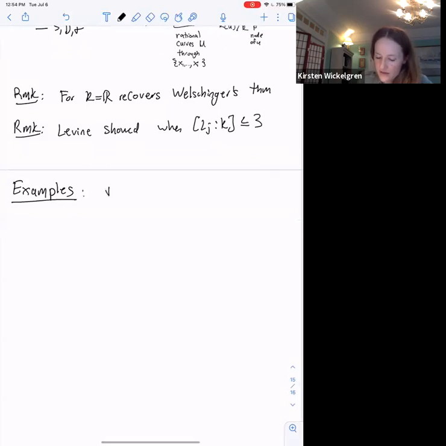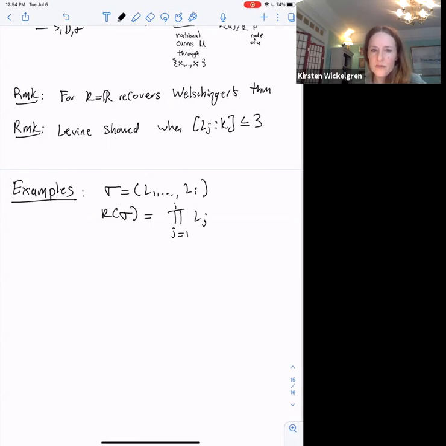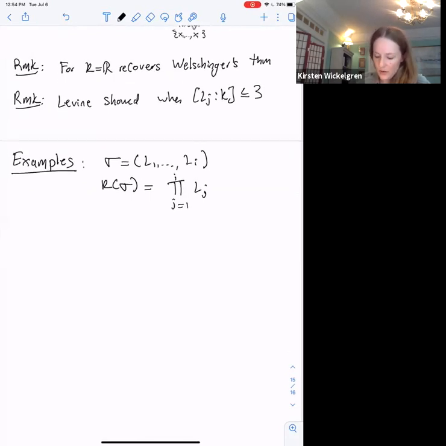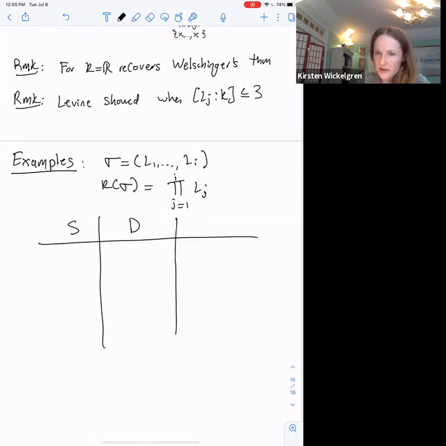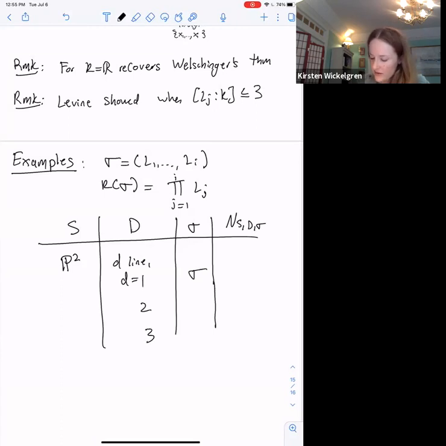So for sigma equal L1 through La, let's say that the product of all of these L_j's, we're going to call it K of sigma. So here's a table. We've got S, D, sigma, and the value. For P2, D equals 1, 2, 3, it doesn't matter what sigmas we have.